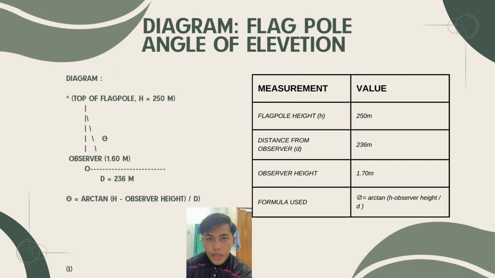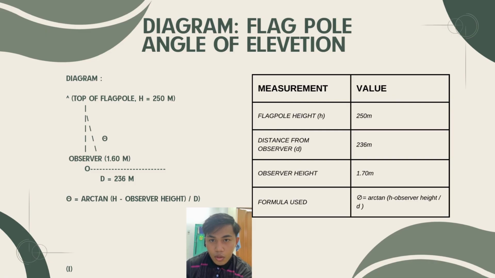Okay, for this slide, I will explain how to calculate the angle of elevation for the flagpole. On the left side, we have a simple diagram showing the situation. The height of the flagpole is 250 meters and the observer is standing 236 meters away from the base of the pole. The observer eye level is 1.70 meters.